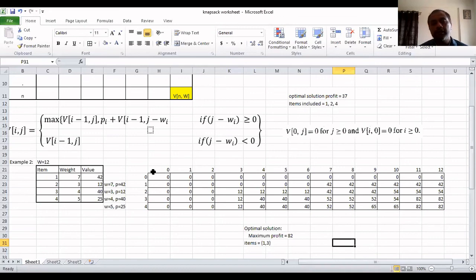Dynamic programming means you dynamically select only those subproblems which can lead to an optimal solution. So memory function knapsack is one more technique which will optimize our dynamic programming knapsack solving technique. We will discuss that.